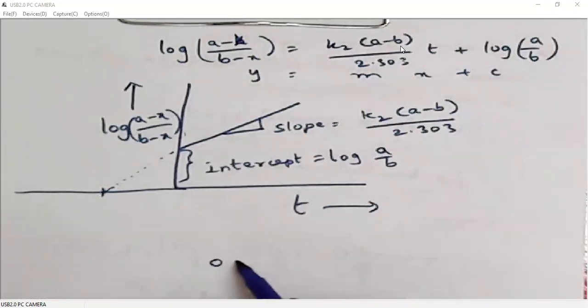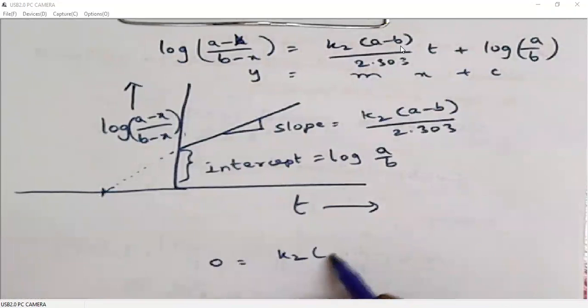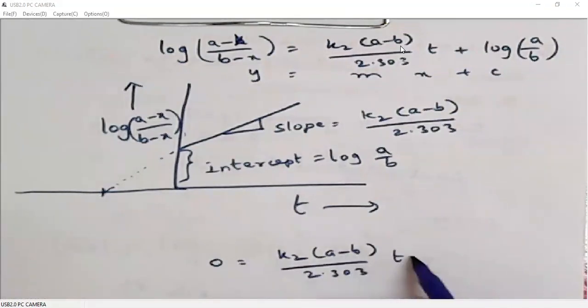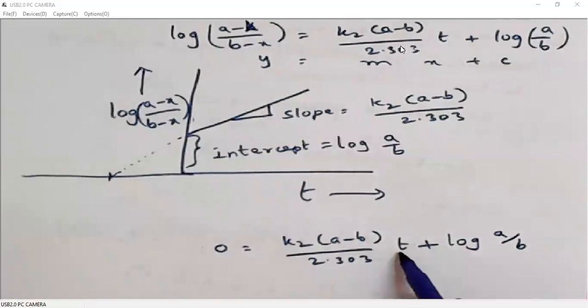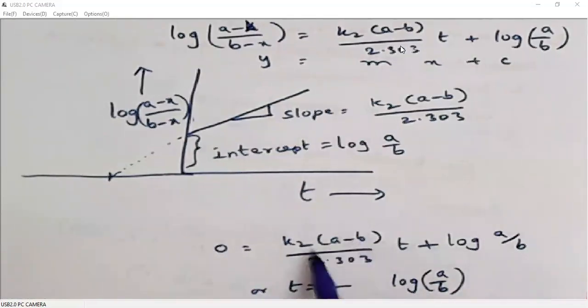So 0 is equal to k2 into a minus b by 2.303 t plus logarithm of a by b. Now, what we need to know is the value of t. So t is equal to, we will make it this side because it is plus. When it is made this side, it becomes minus a by b. And except t, we also make everything this side.